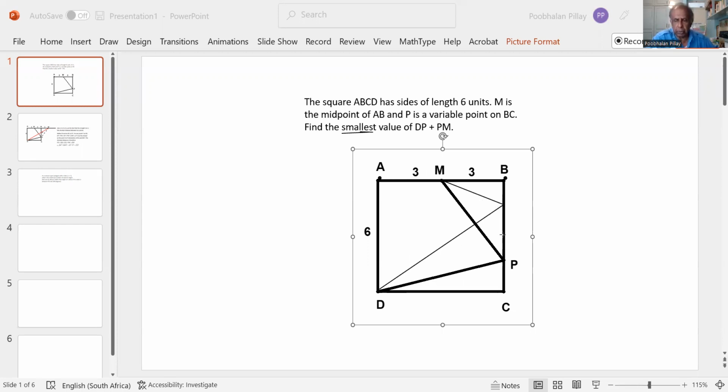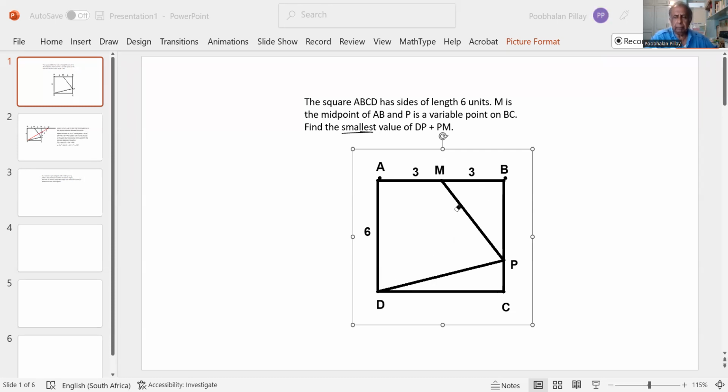So if you take all these points P, which point will give you the smallest possible answer to the sum DP plus PM? Well, it's quite a challenging problem. How should we do this? Unfortunately, there is a strategy when it comes to problems of this type.